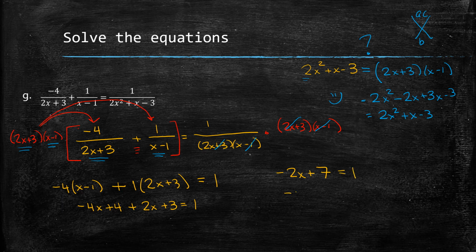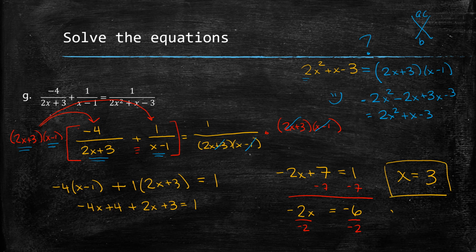This is equal to 1. I'm going to subtract 7 from both sides. So we have negative 2x is equal to negative 6. Divide both sides of the equation by negative 2. So we have x is equal to 3.